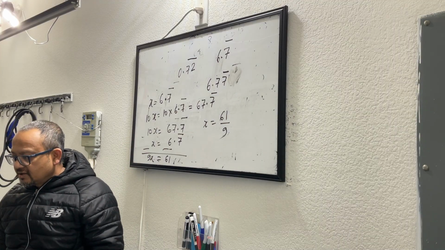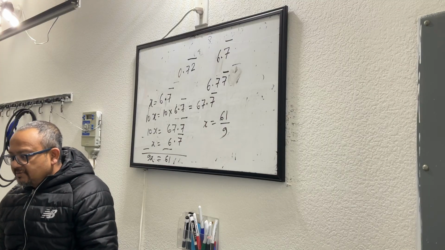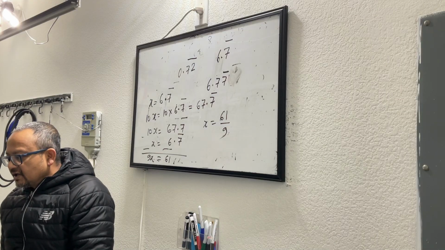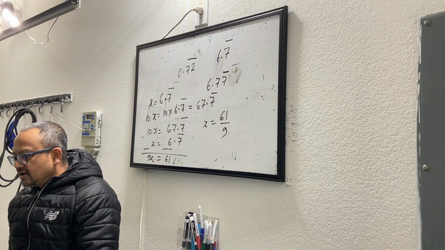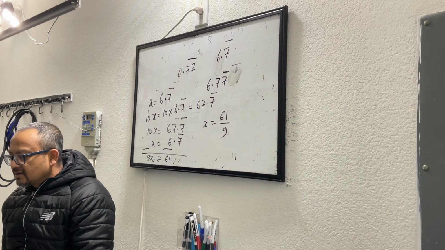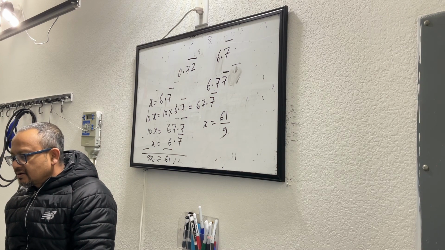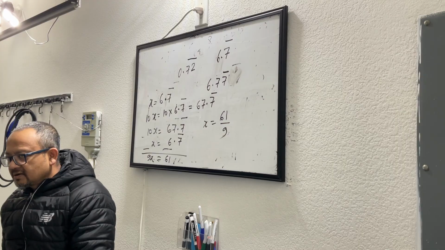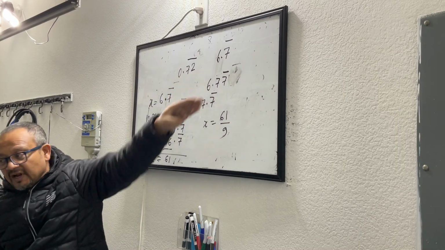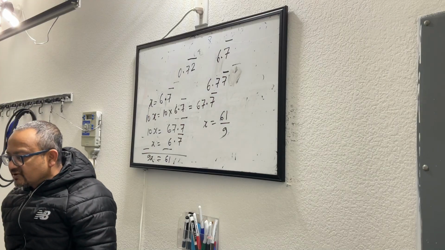Okay. I'm just trying to make sure that I'm not teaching you something which gets you more confused. In the beginning, I did 61 over 9, but then I changed it thinking that 6 and 7 were repeating. No, only 7 after the decimal was repeating. So, that was the reason.